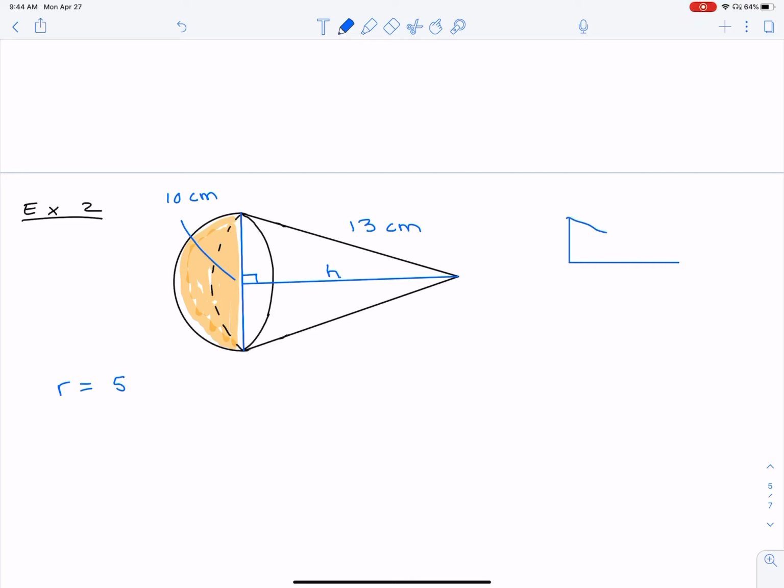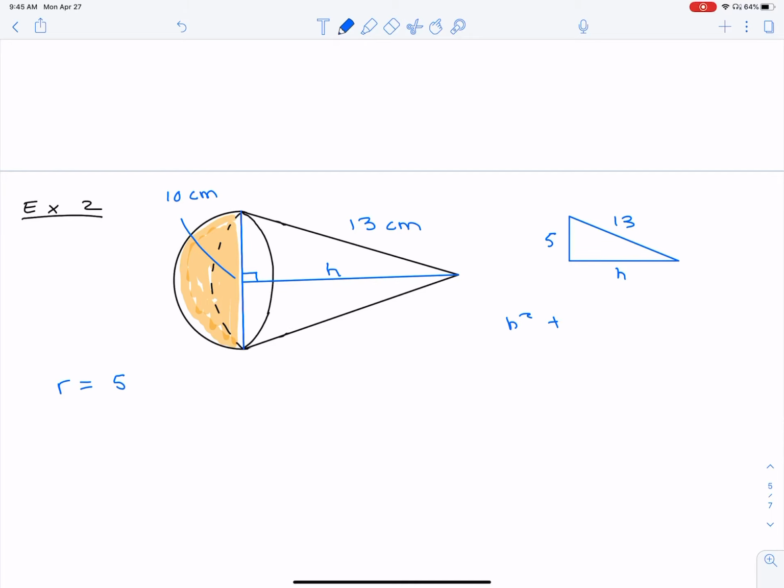Its dimensions that we know so far are 5, 13, and h. So h squared plus 5 squared equals 13 squared. So h squared plus 25 equals 169. So h squared equals 144. h equals plus or minus 12. So h in this case is positive 12.